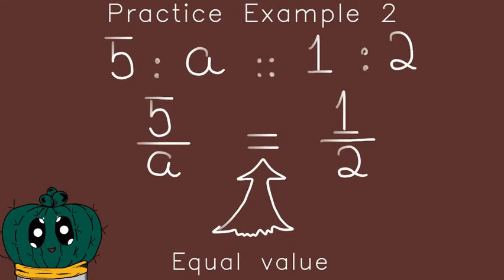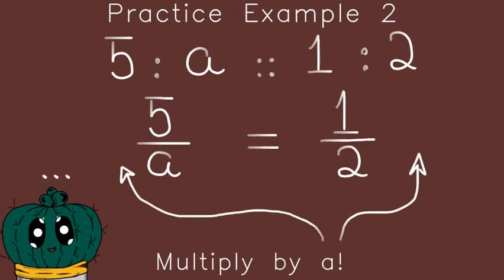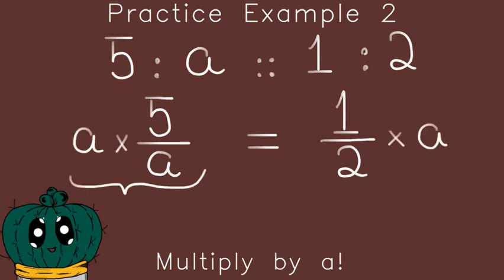Now we need to find the value of a, and we can do that by doing something slightly different, but not radically different. We're going to multiply by a so that we have a in the numerator. We also could have just flipped the entire thing, but let's do this this time.